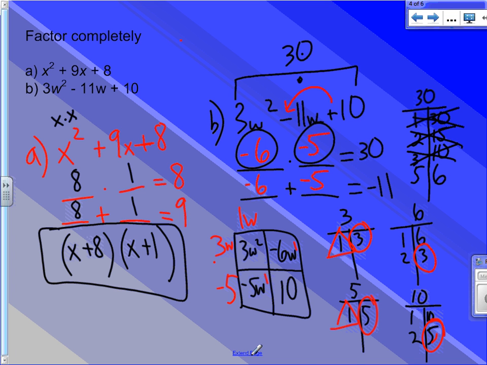And lastly, what's the GCF of our last column here? 6 and 10. The biggest number that's the same in both for 6 and 10 is 2, right? Okay, write my 2. And then to determine the sign, I take the sign of the box closest to where I'm factoring.